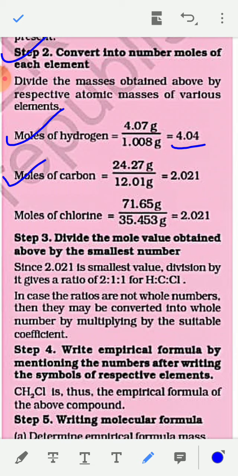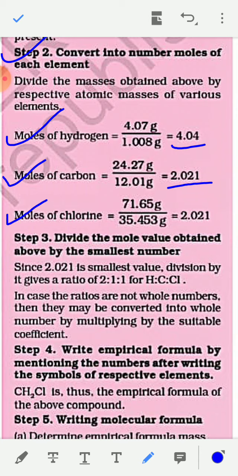Carbon is present 24.27 gram, and if you divide this by the atomic mass of carbon, 12.01, you will get the moles of carbon, that is 2.021.